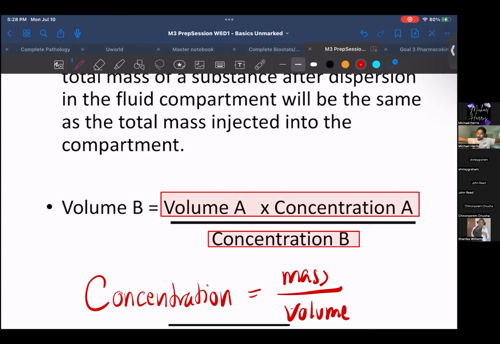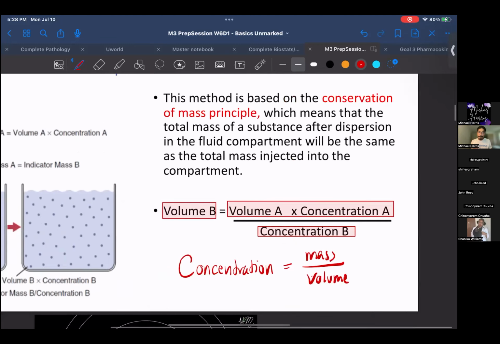Concentration. And as a result, you find out the volume of the person, or how much volume that drug is in. Okay, does that make sense? Okay, good.